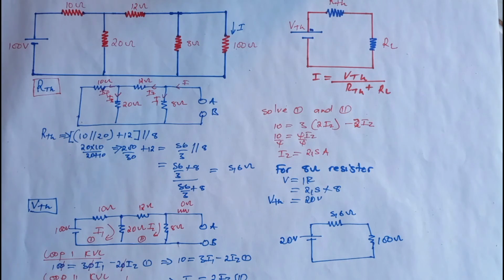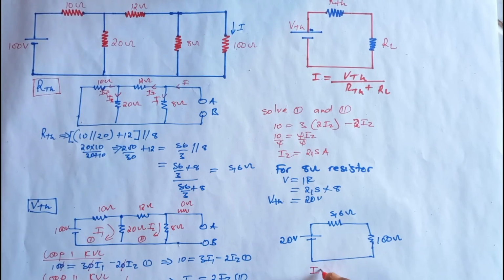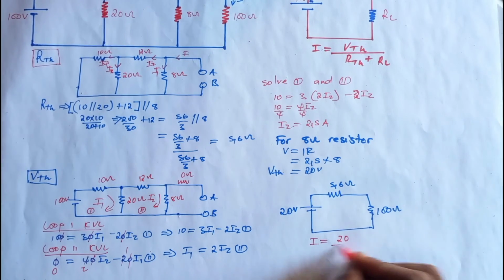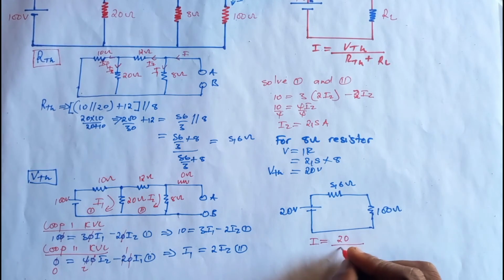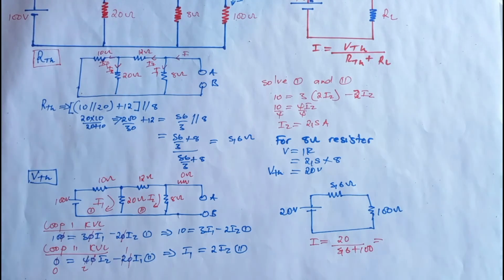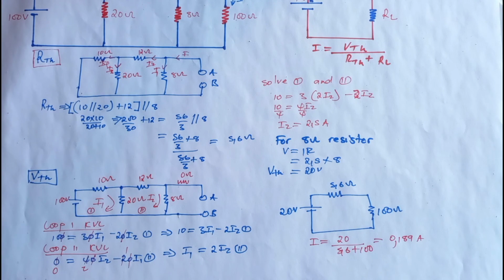So to find the current flowing through the 100 ohm resistor, the current is equal to the Thevenin voltage, 20, divided by the load resistance plus the Thevenin resistance, 5.6 plus 100. So 20 divided by 5.6 plus 100, the answer is going to be 0.189. So this is all about the Thevenin theorem.